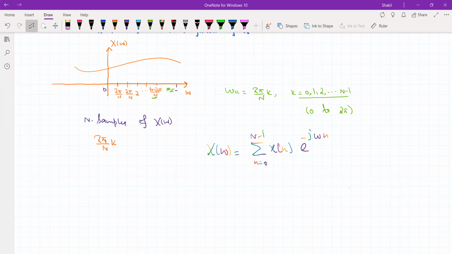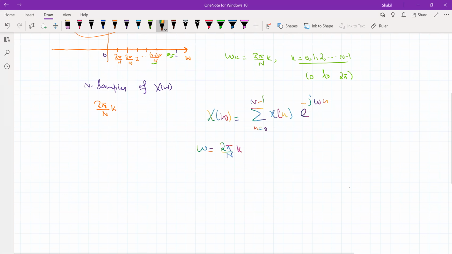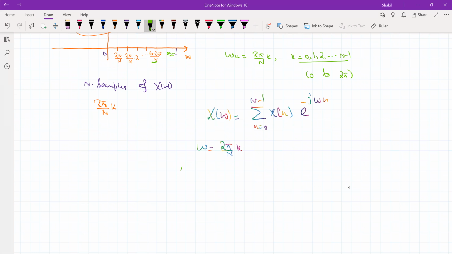Now we are sampling omega, means put omega equal to 2 pi by N times k. So what will happen to this? X of omega will become, when omega is equal to 2 pi by N k, X of 2 pi by N k is equal to summation n running from 0 to N minus 1 x of n e to the power of minus j, what is omega equal to?